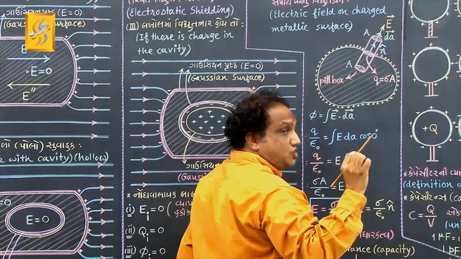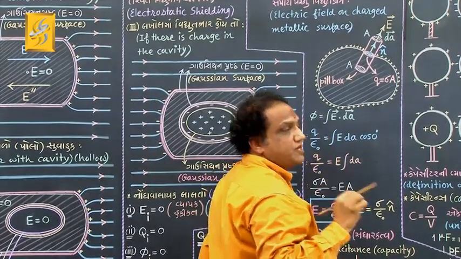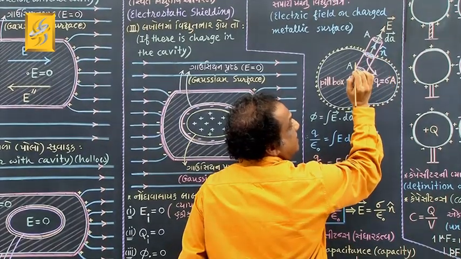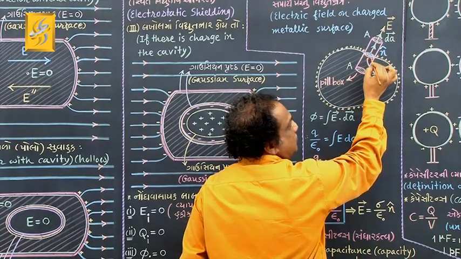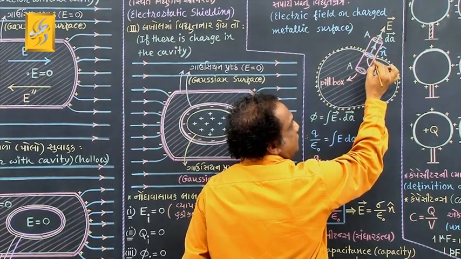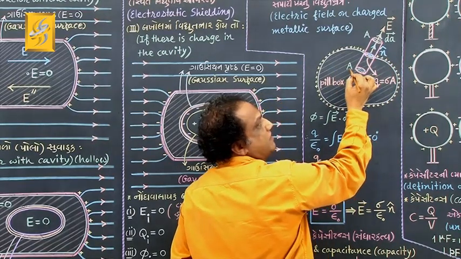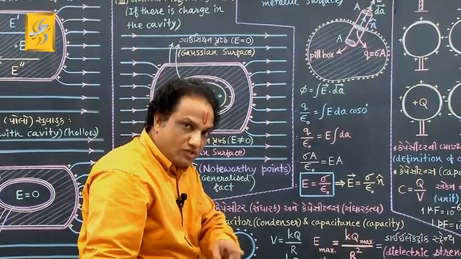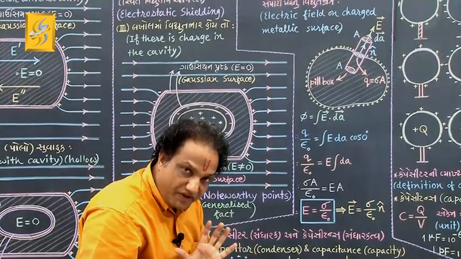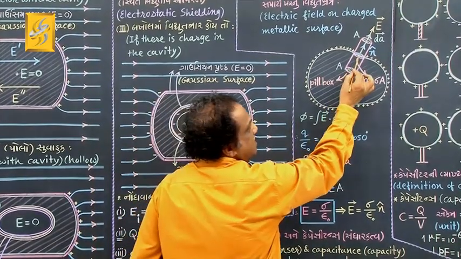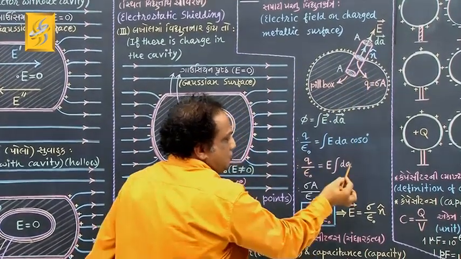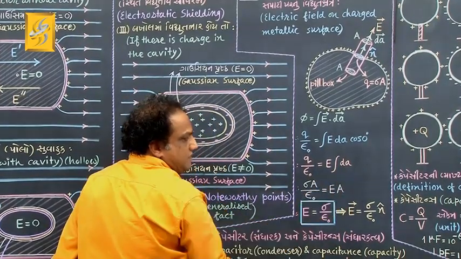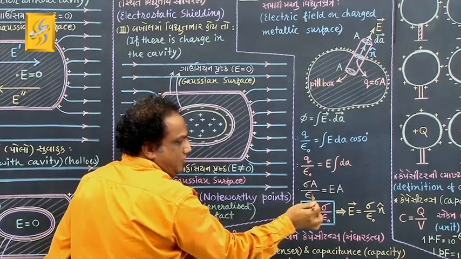In that also you can choose extremely small surface elements, and then if you add up the areas of all the surface elements, it will give you this total area, and for this total area you know its value is capital A. So integration dA means summation of areas of all the surface elements taken over the given surface, and that would give you this total area, which is right now capital A. So this part is capital A. Cancel capital A from both the sides, then you will get E equals sigma upon epsilon 0.